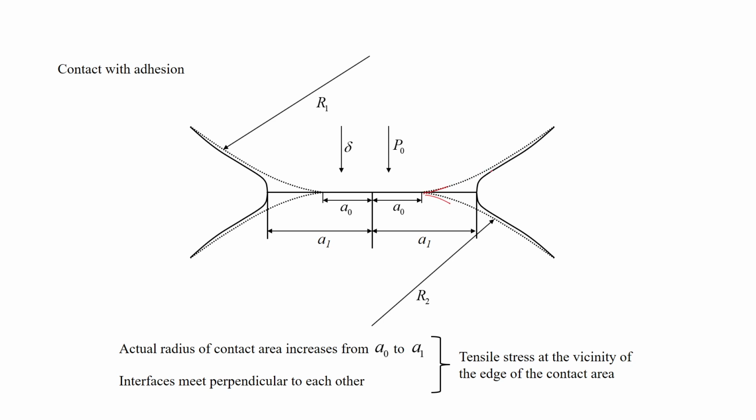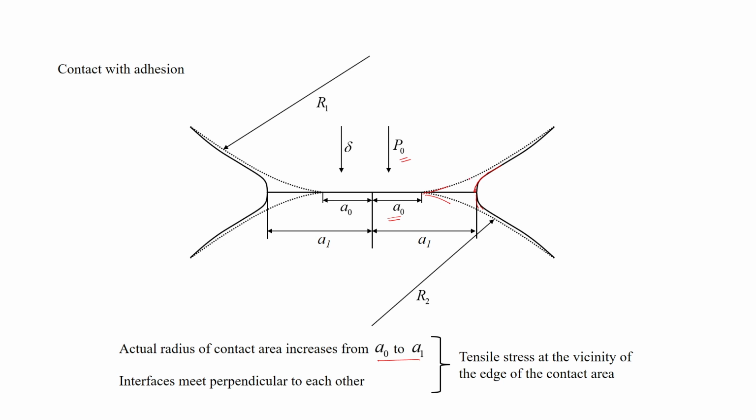Now, there is attraction between them, they actually make contact at 90 degrees here like that, and so this additional contact area appears. At the load P0 itself, the contact area is no longer A0, it is actually A1 now. So the actual contact area increases from A0 to A1.